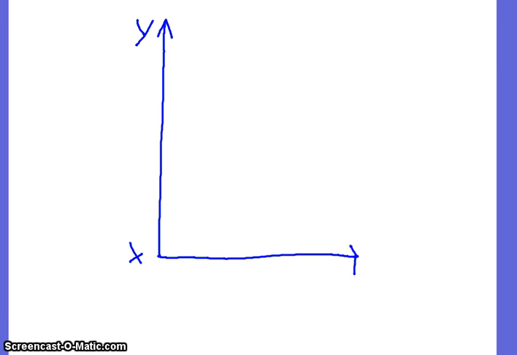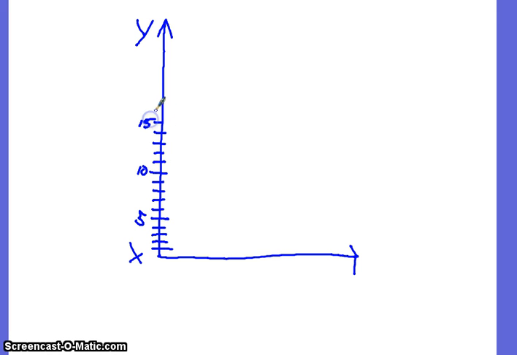So what I want you to do is you're going to have a lot more points on the y-axis than you are on the x. So go up to 20. Can I go up by tens?